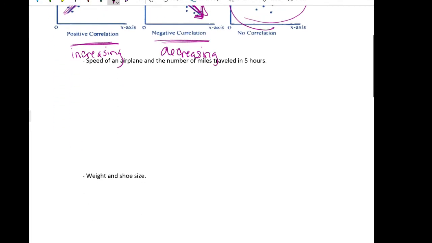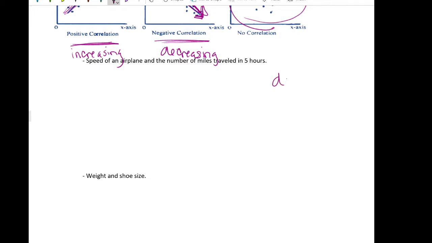So let's look at a couple of examples here using words. Okay, when looking at the speed of an airplane and the number of miles traveled in 5 hours, is it reasonable to think that as the speed increases, the number of miles traveled will increase?